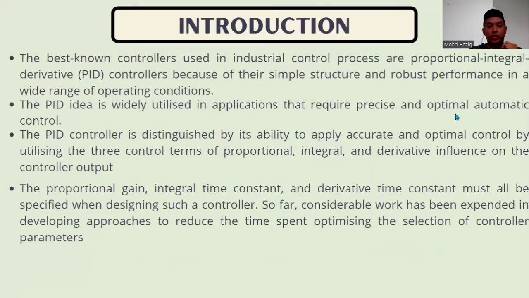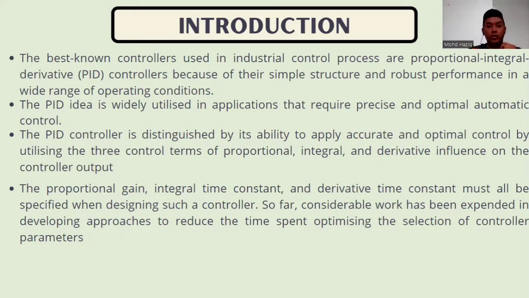The best known controller used in industrial control processes is the proportional integral derivative, which is the PID controller, because of their simple structure and robust performance in a wide range of operating conditions. The PID idea is widely utilized in applications that require precise and optimal automatic control.